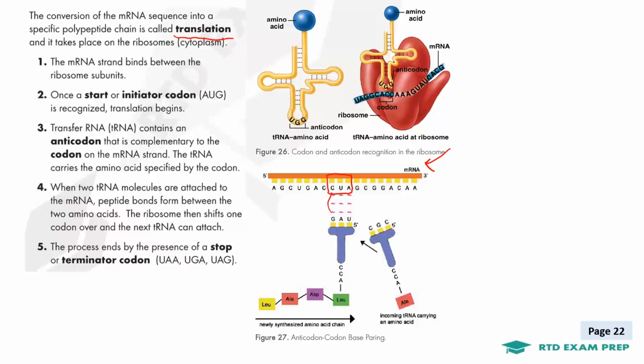Notice, G is attracted to C, A to U, U to A. I'm not going to worry about that. That's just a carrier tag on our transfer RNA. And you go, hey, I remember what was said on the last slide. Messenger RNA, CUA, is the same as it will be for the amino acid. So without a doubt, leucine has the letters CUA.